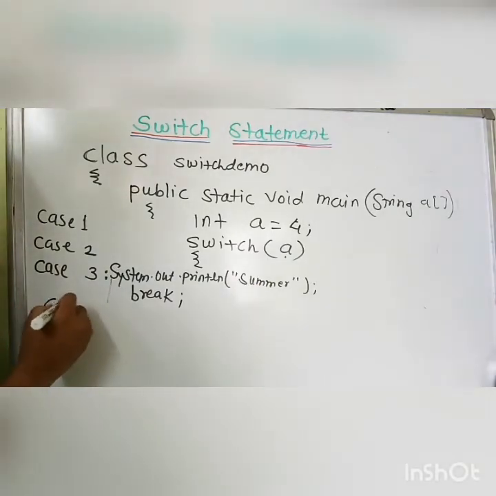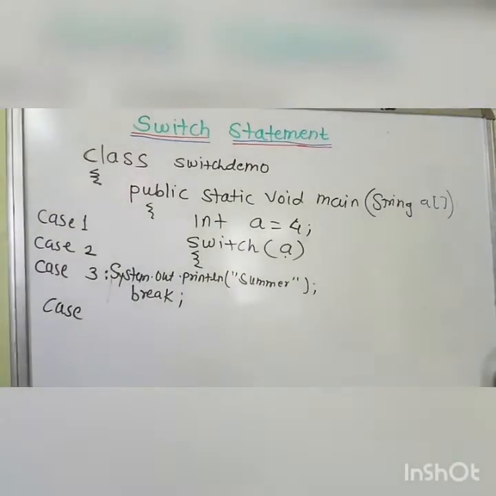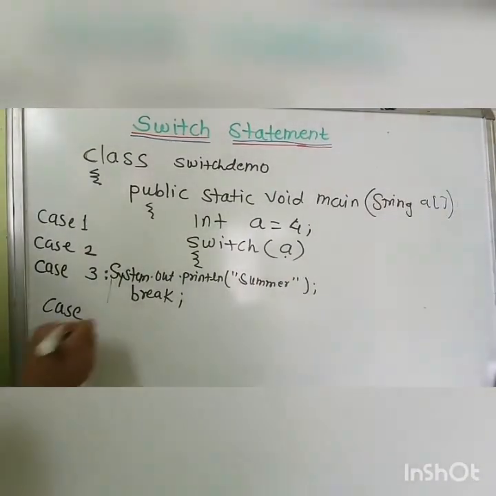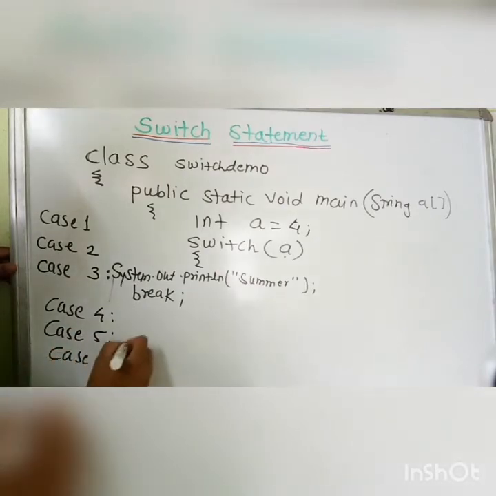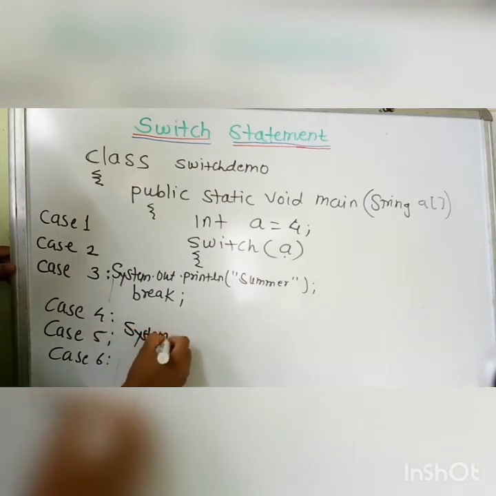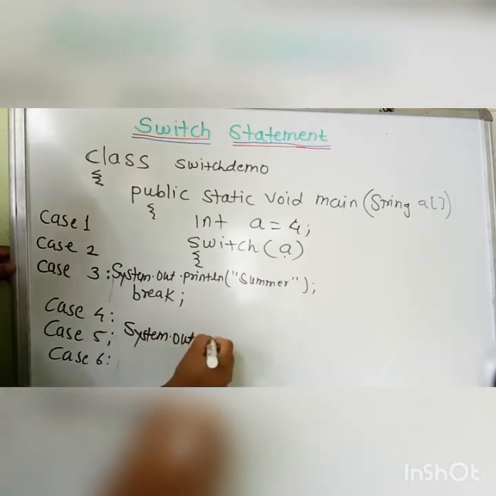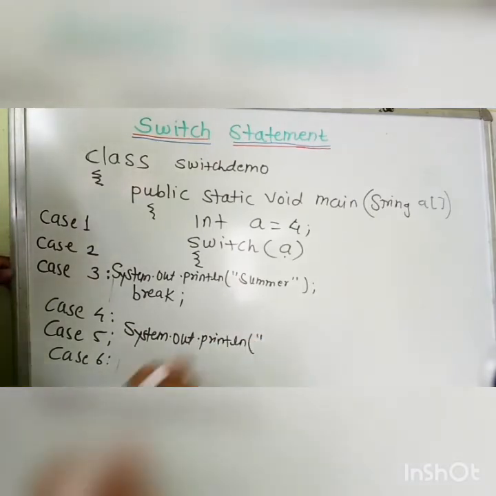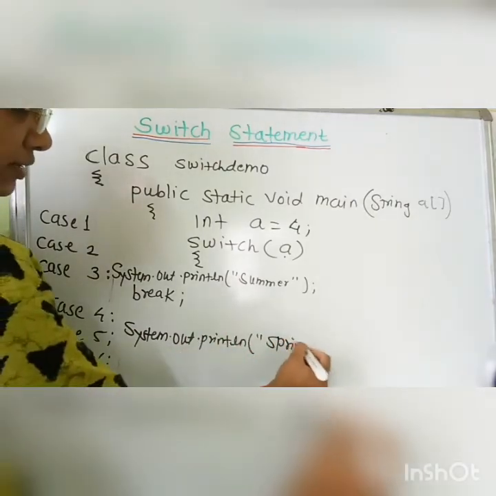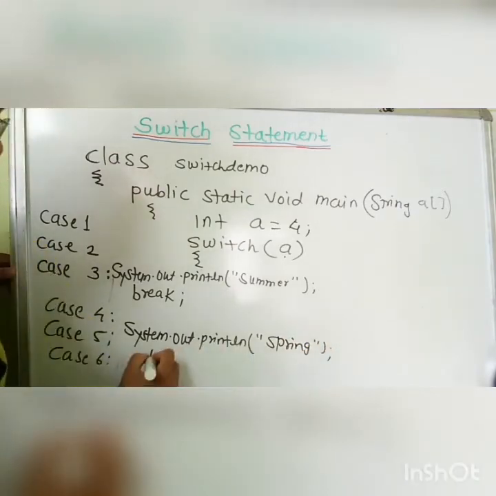But if the case is case 4, 5 and 6, then the statement will be System.out.println, and the season will be the spring season, and we will apply the break here.